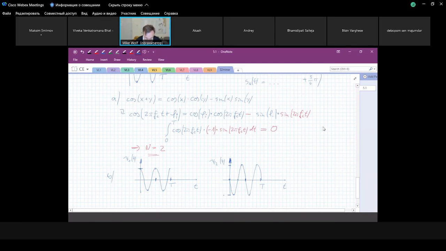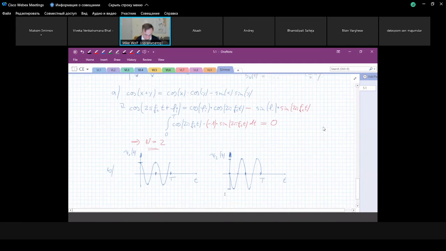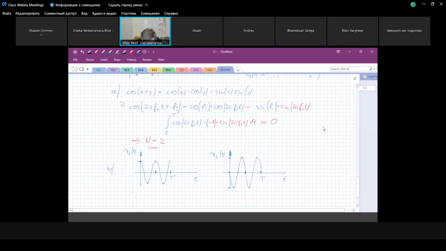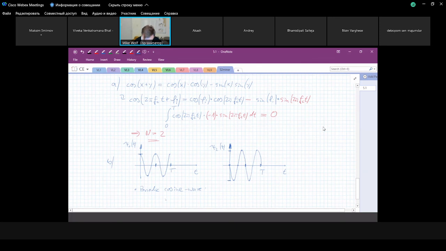If you have a periodic cosine wave, then the second moment of this periodic cosine wave, m2, let's say the amplitude is 1, then the second moment is 1/2.